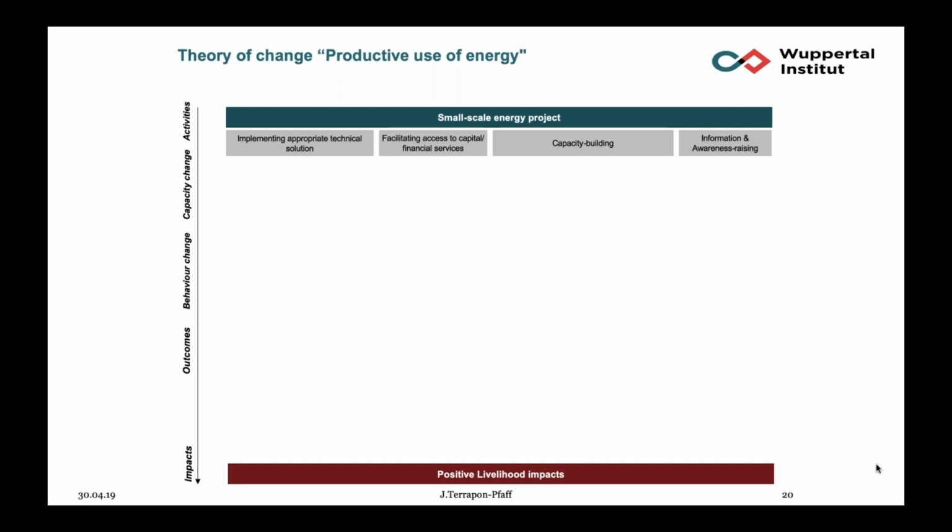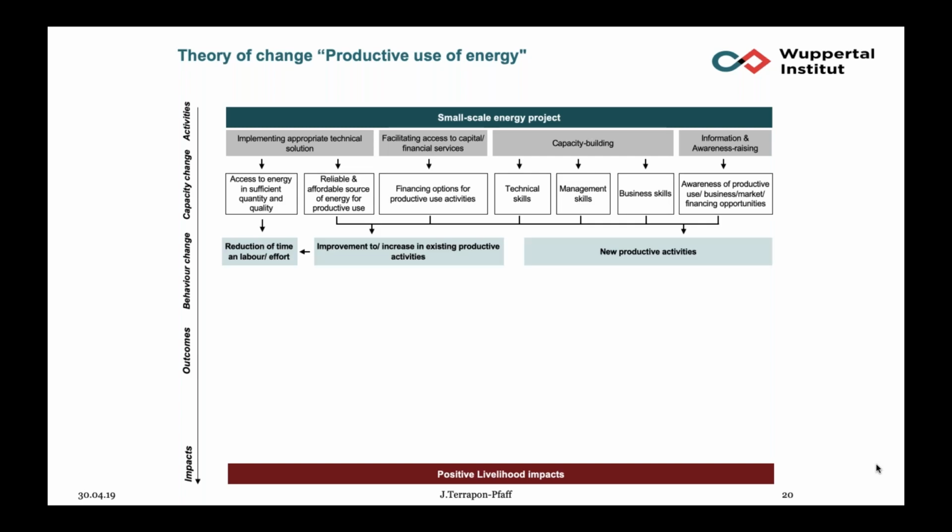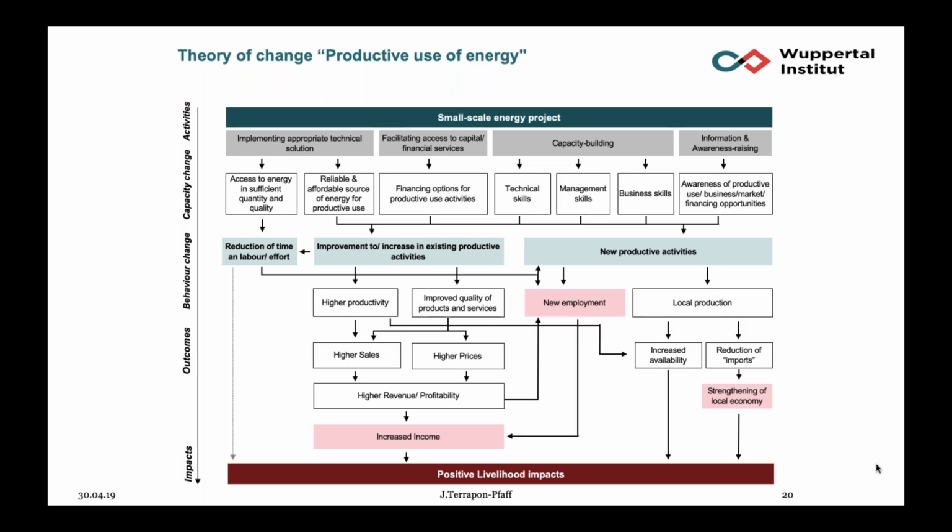Next, please, Nisha. As you can see on the left side, access to energy is only a very small part of the whole concept of establishing productive use. What we found is that you need a lot of other factors complementary to the sole access to energy, like facilitating access to capital and financial services, not only for the energy technology, but also for the additional productive use activities.